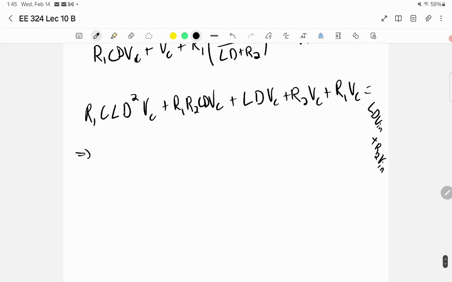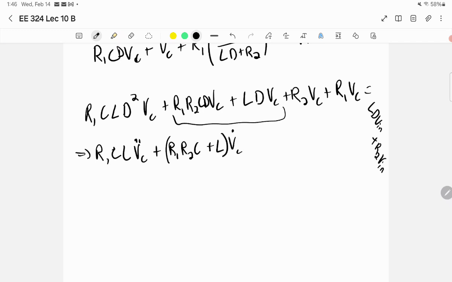So that means that I get R1 C L Vc double dot plus R1 R2 C plus L times Vc dot. I just combined these two.